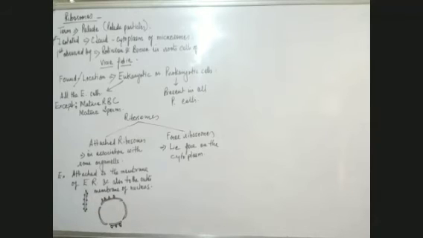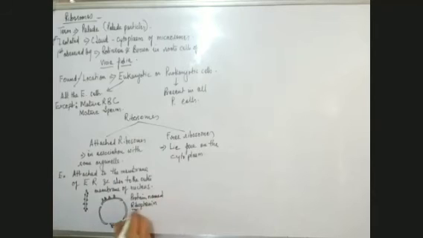Now, what is that particular cementing material which attaches the ribosomes to the membrane of the endoplasmic reticulum or of the nucleus? It is a protein named riboforin.